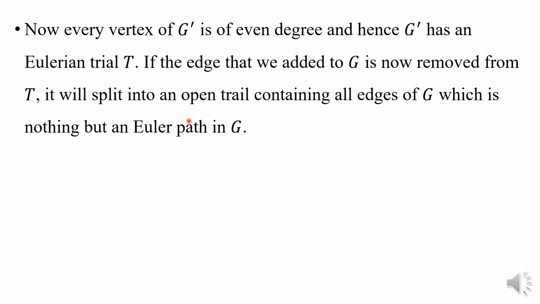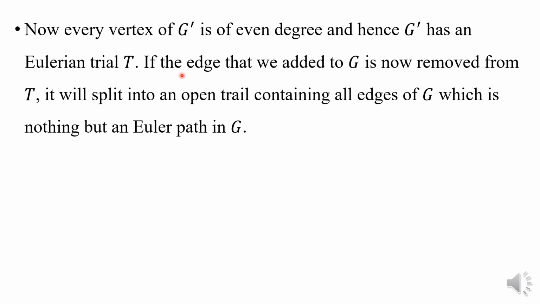So all the vertices of G dash are now of even degree, which means obviously you will have a closed trail, an Eulerian trail. In G dash you have an Eulerian trail, that is a closed trail, so the starting and ending vertex must be the same. Let us give it the name T.